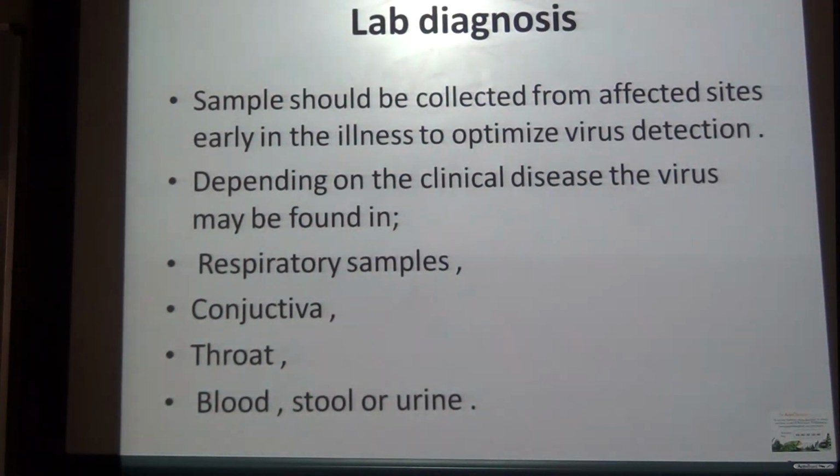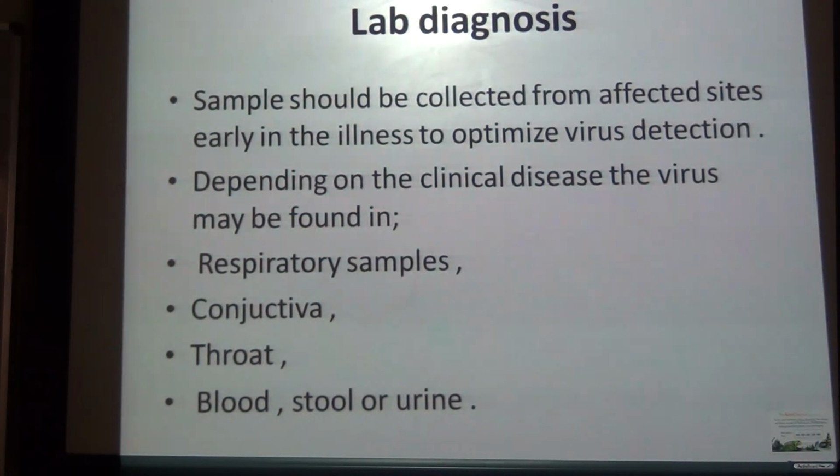So what are the methods of lab diagnosis of the adenoviruses? In case of suspected adenovirus infection, the samples should be collected from the affected sites early in the illness to optimize virus detection.